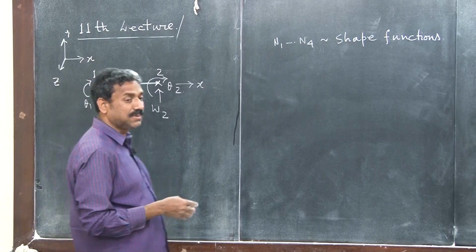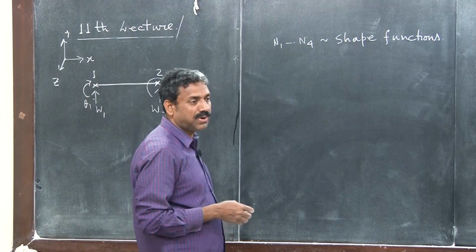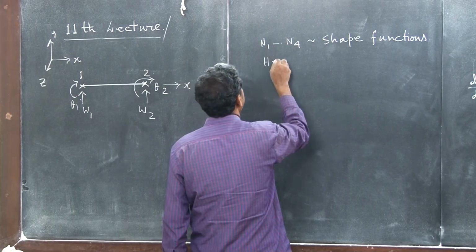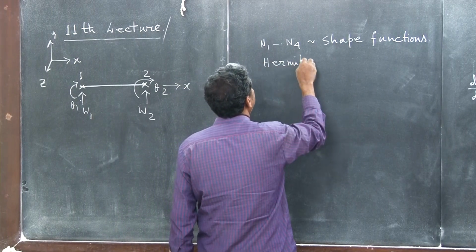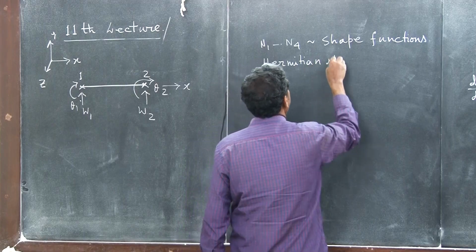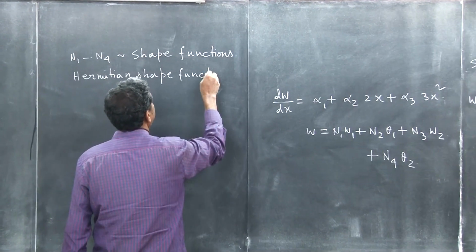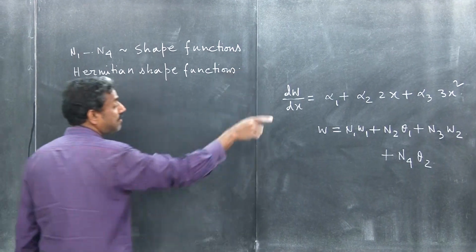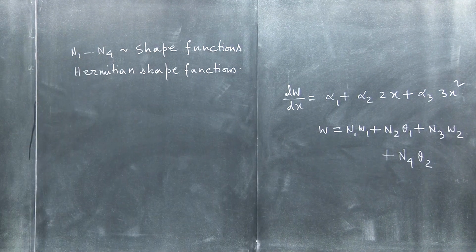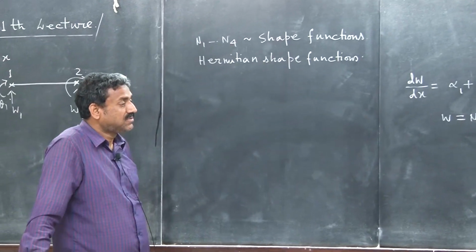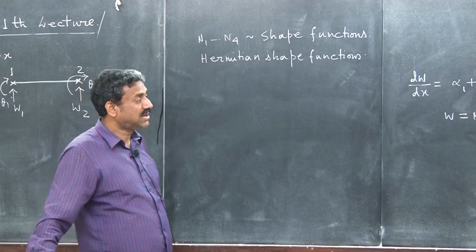So that's why they are shape functions, and they have some properties. These are called Hermitian shape functions because they are Hermite polynomials, and they have some characteristics. They also form a legitimate basis for a certain class of differential equations.